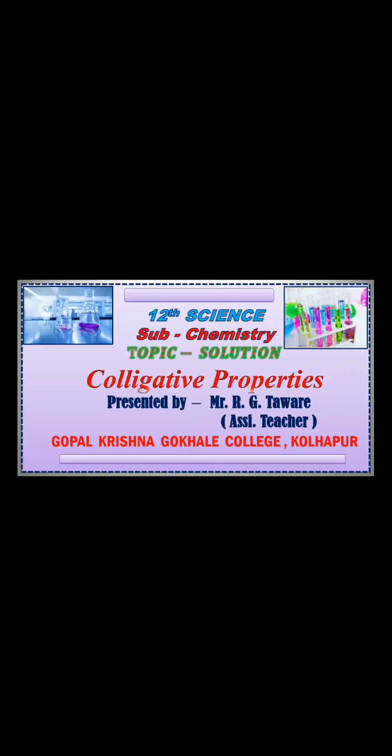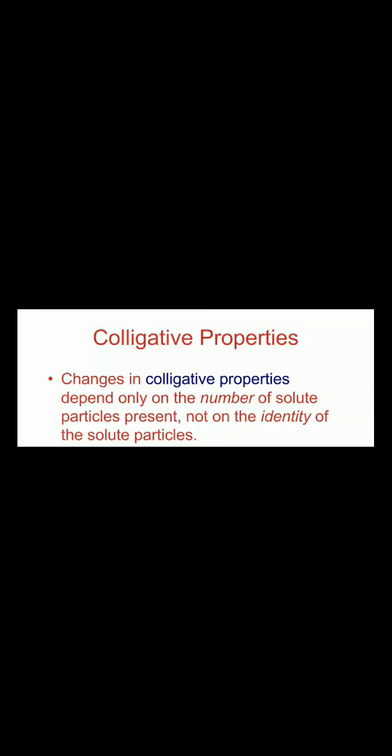Subject chemistry. Topic solution. From this video we are going to study colligative properties. Colligative properties: the properties of a solution that depend on the number of solute particles present in the solution, not on the identity of the solute particles.